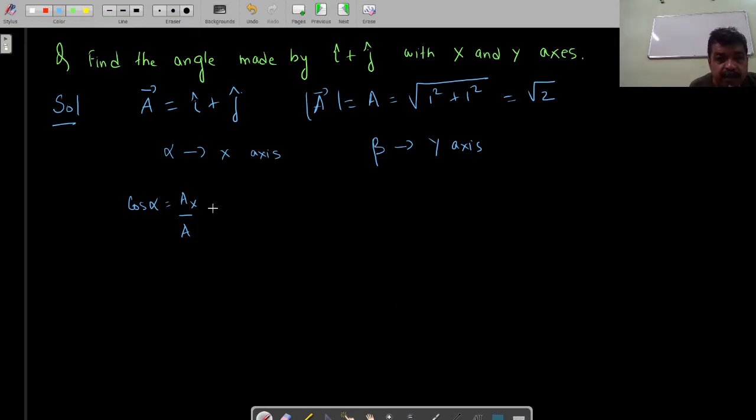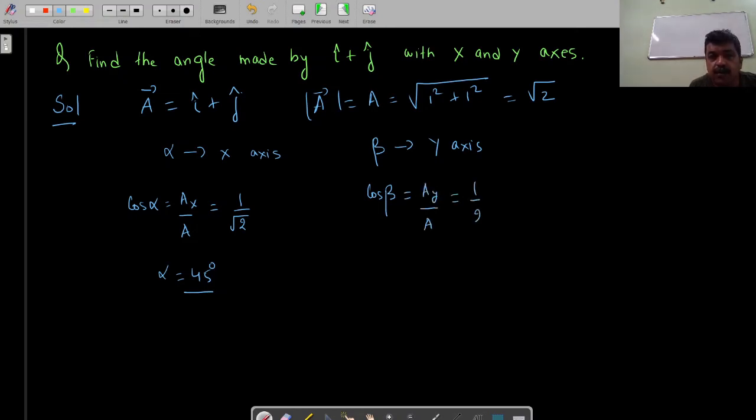So cos alpha is equal to ax by a. Ax is the coefficient of i cap, which is 1. So 1 by root 2. That means alpha is equal to 45 degrees, so the angle made with x-axis is 45 degrees. Similarly, cos beta is equal to ay by a.